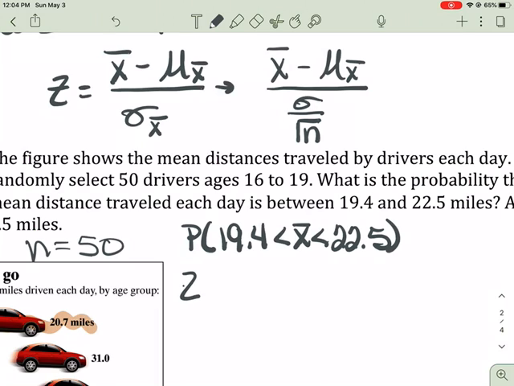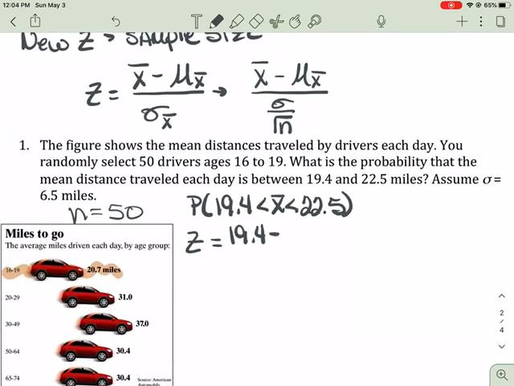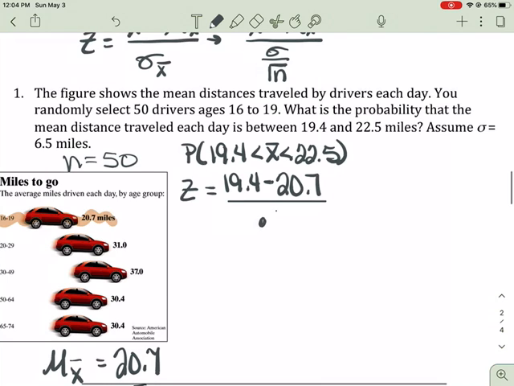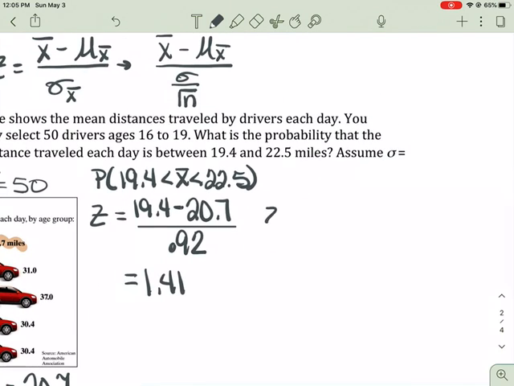Instead of having x in the middle, I have x bar. So we still have to find the z: 19.4 minus 20.7, and I'm going to put my sigma x bar here, which was 0.92. When I did the math, I got negative 1.41 for that one.